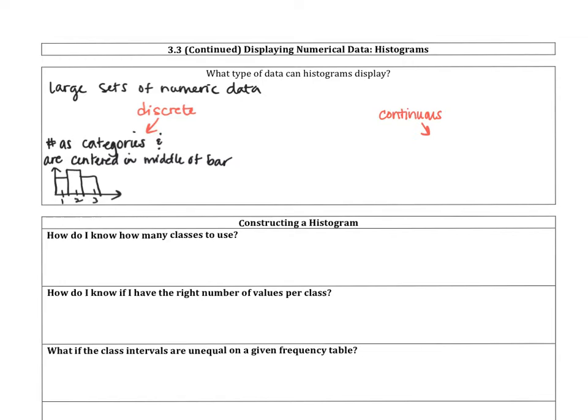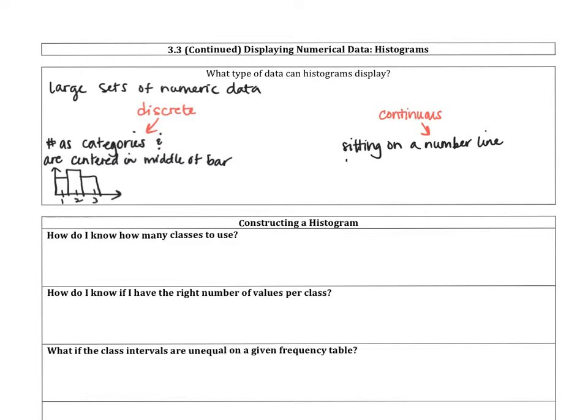Continuous is when the graph is sitting on a number line. Therefore, we are considering all values, even into decimal values, not just integer values. So it's sitting on a number line.